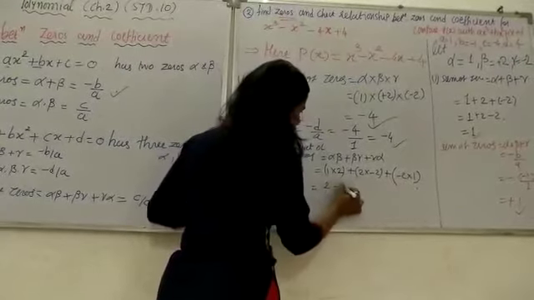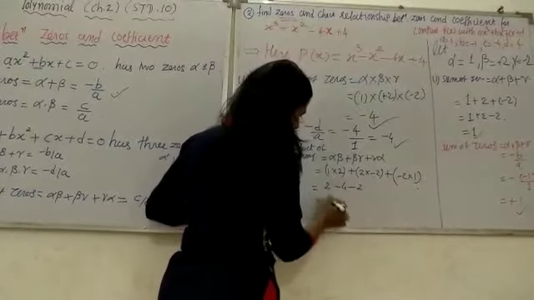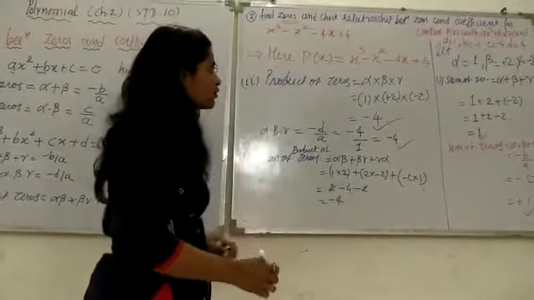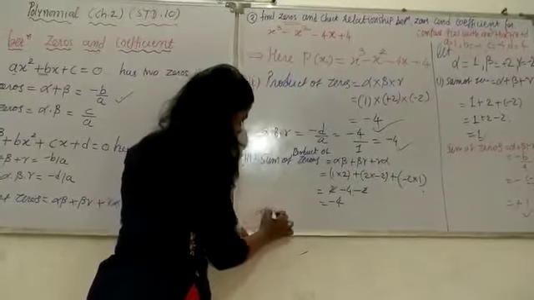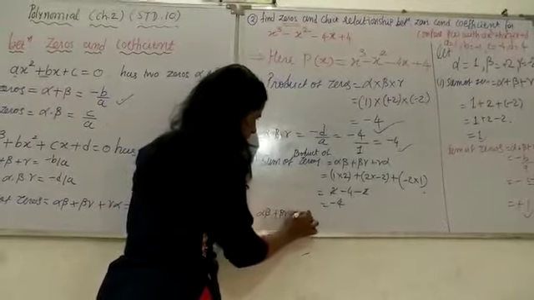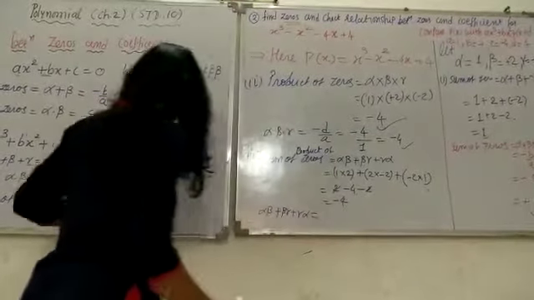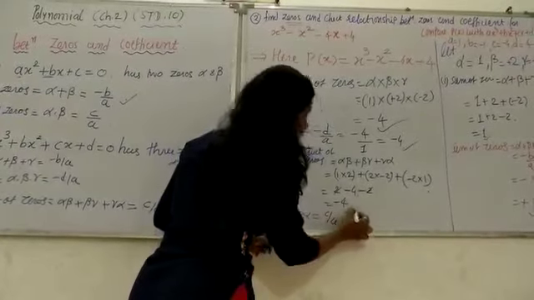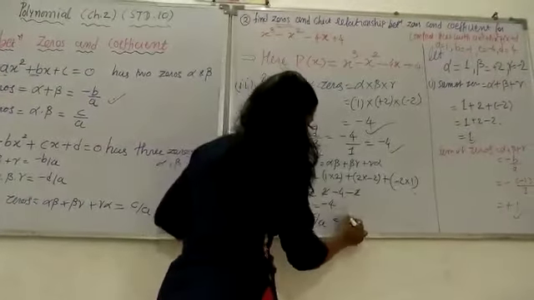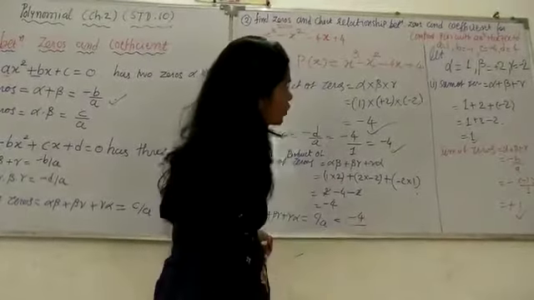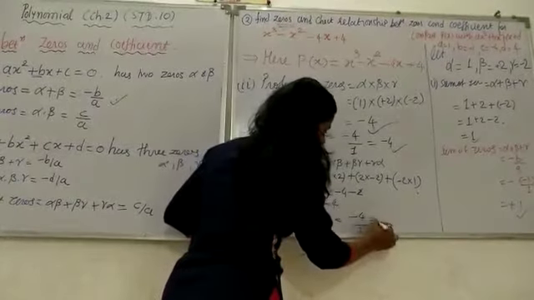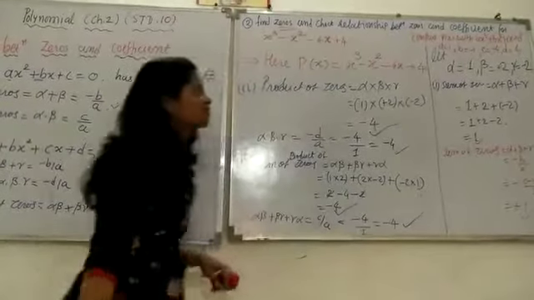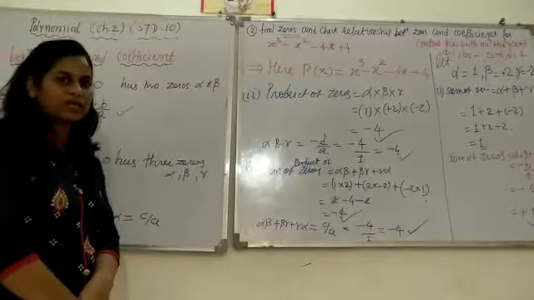So this is 2 minus 4 minus 2. So 2 minus 2 cancel, and we get minus 4. Now according to coefficients, alpha beta plus beta gamma plus gamma alpha is c upon a. The value of c is minus 4 and the value of a is 1, so minus 4 by 1 is minus 4. So this and that answer are equal. That's why the relationship is verified.